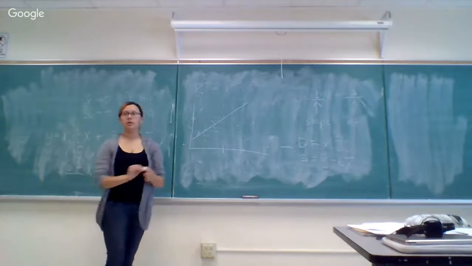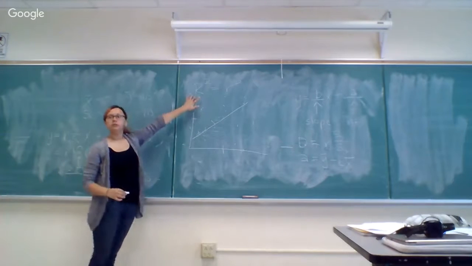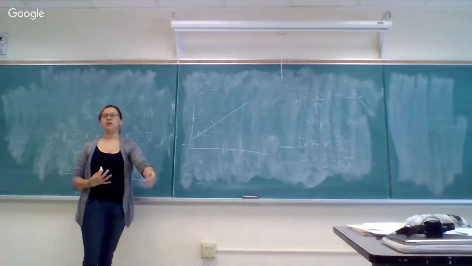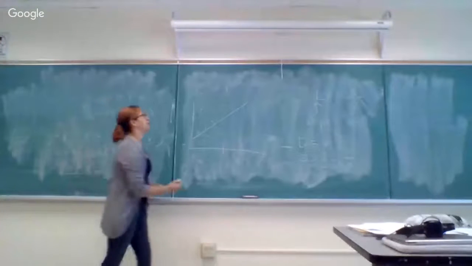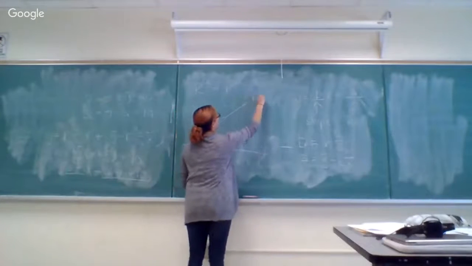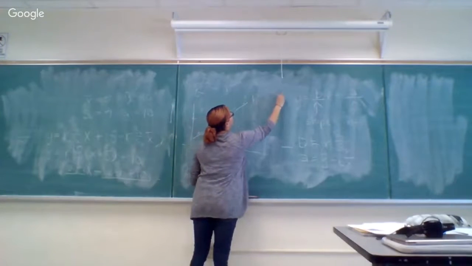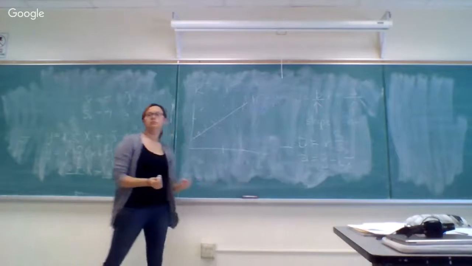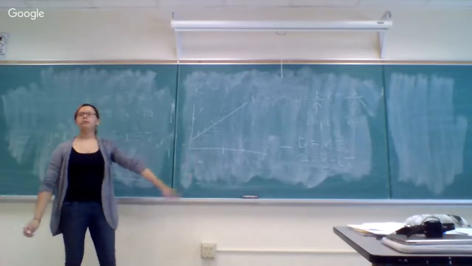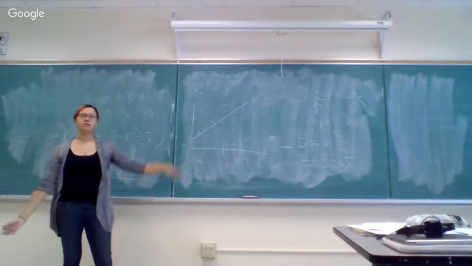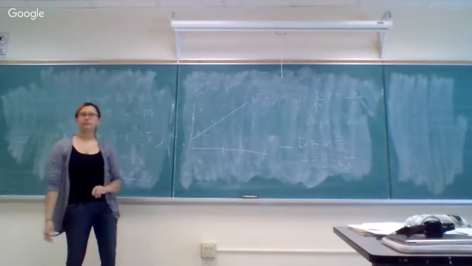So R² in itself is the proportion of variance explained in Y by X. So if R² is 0.2, 20% of the variability is explainable. And we don't know why the rest of the variability is there.